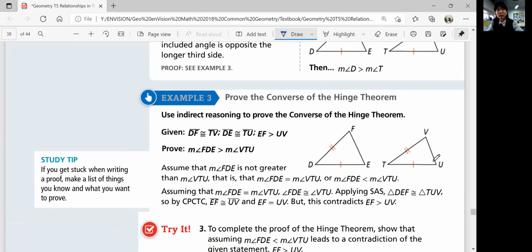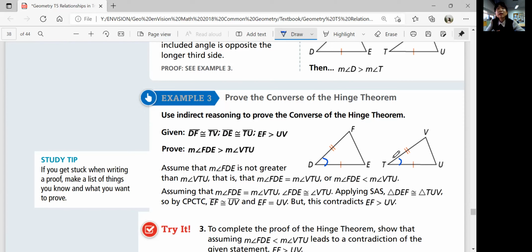We're going to use indirect reasoning to prove the converse of the Hinge theorem. So if you're given that the two corresponding sides are congruent and that EF is greater than UV, we want to prove that angle D is greater than angle T. So first we're going to assume that angle D is not greater than angle T, which means we can assume that D is equal to T. We would have to assume later if D is less than T, okay?